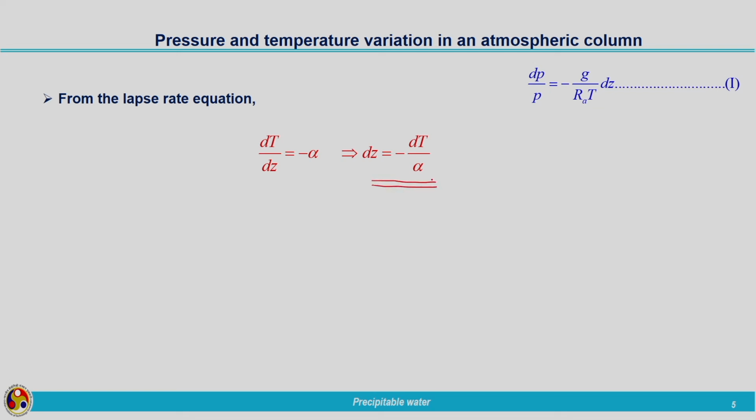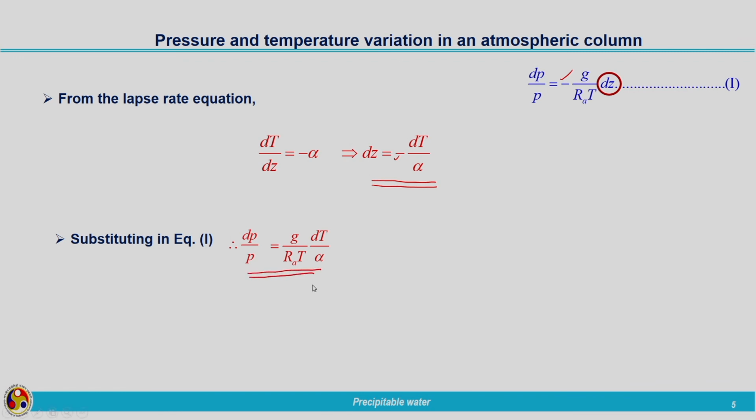We will substitute this dz in equation 1. Equation 1 also contains a negative sign, so it will be positive. So, we get dP by P as g by RA T dT by alpha. This is our expression for dP by P.